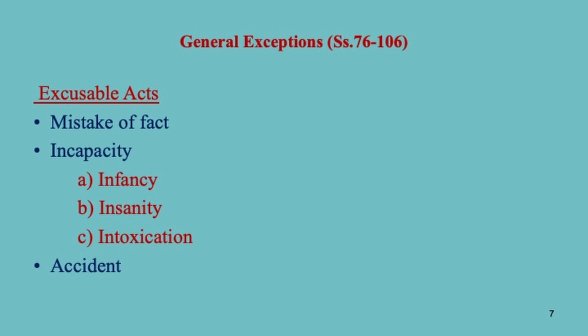Chapter 4, running from sections 76 to 106, deals with general exceptions. This chapter enumerates various situations which, when proved, would exempt a person from criminal liability. These situations include those which, when present, would excuse the accused because of lack of mens rea, like in the case of mistake of fact, accident, infancy, insanity, and intoxication.